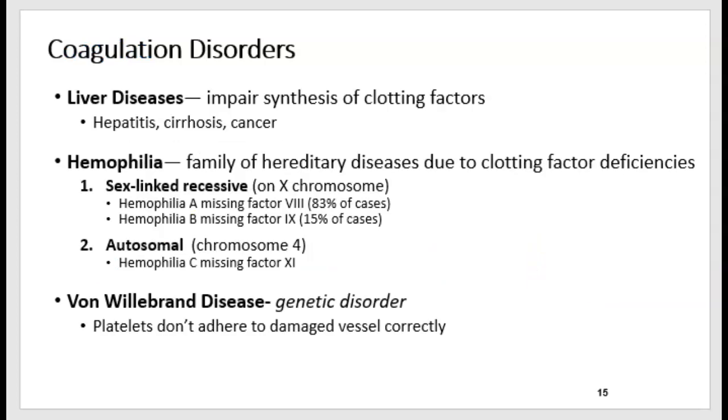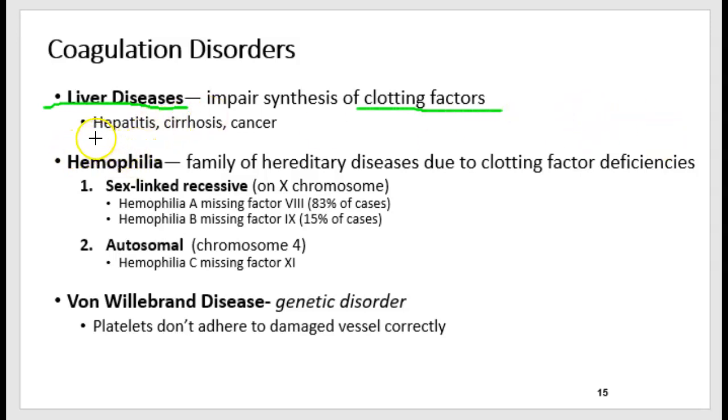Okay, and then the last type of disorder that we talked about in relation to blood is a coagulation or clotting disorder. And there's several liver diseases that could impair coagulation because it's the liver that makes the clotting factors required.